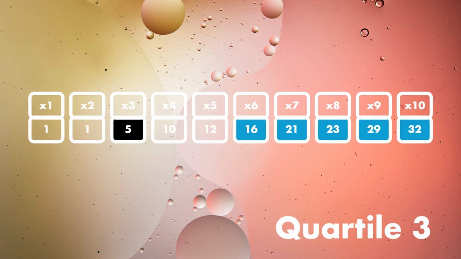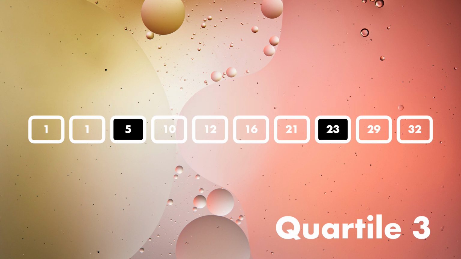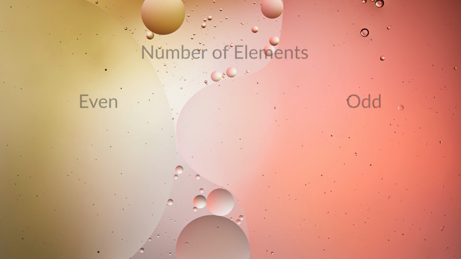In the same way, the third quartile will be the value in the middle of the second subset. Once again, as the number of elements in this subset is odd, the value in the middle is 23. So far, we've had no problems.